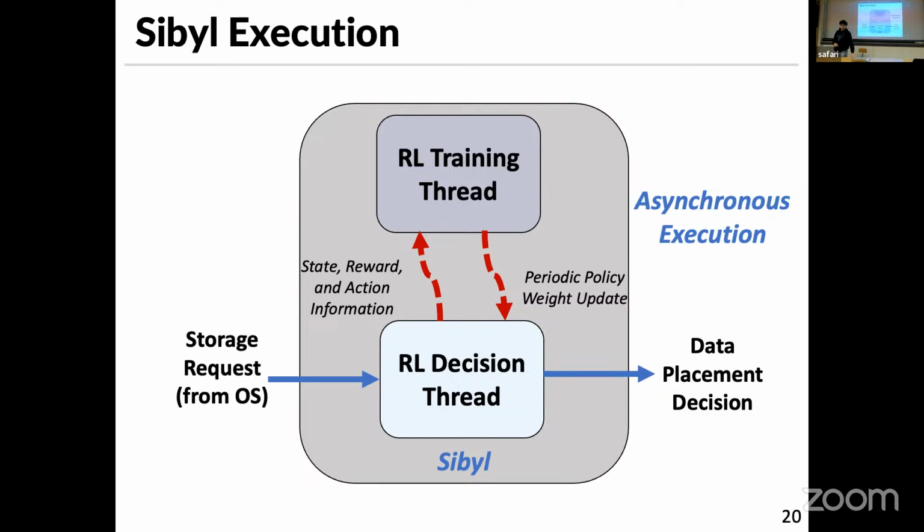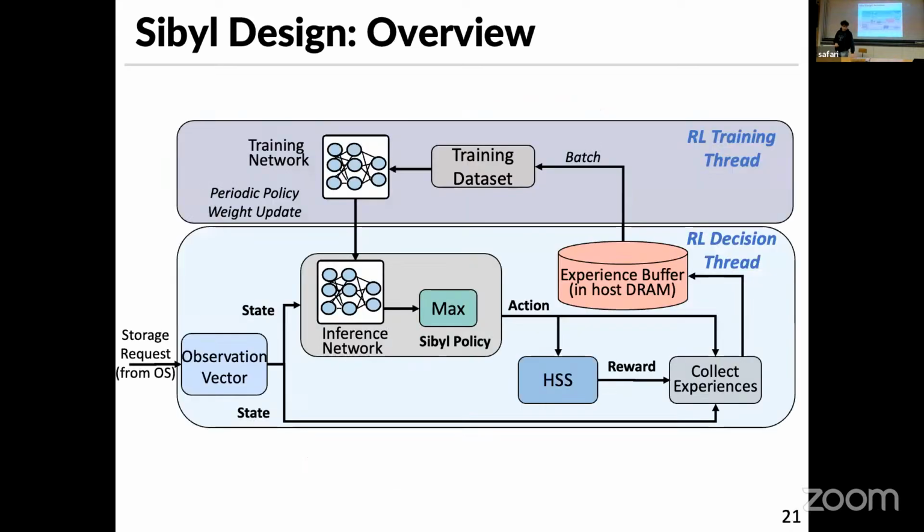And this is an asynchronous execution. We will see later how it is asynchronous. To go more into detail, we can see here again the RL decision thread, and above it the RL training thread. You can also see the storage request going into the RL decision thread.